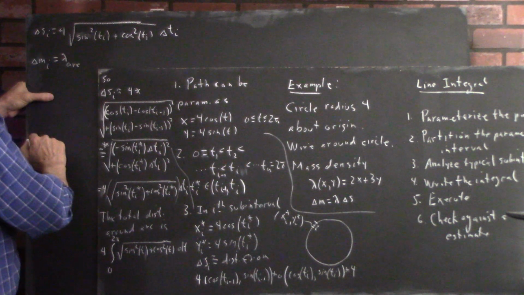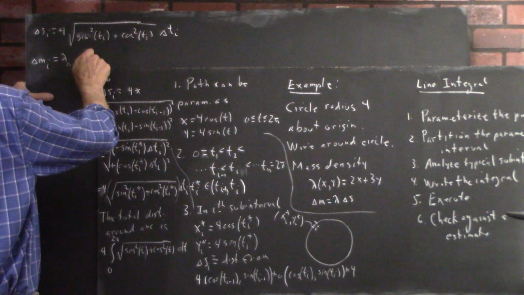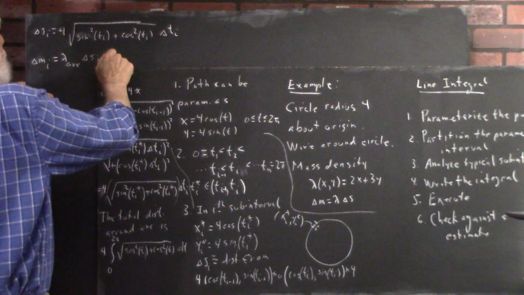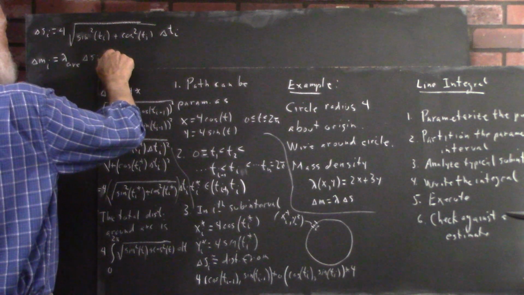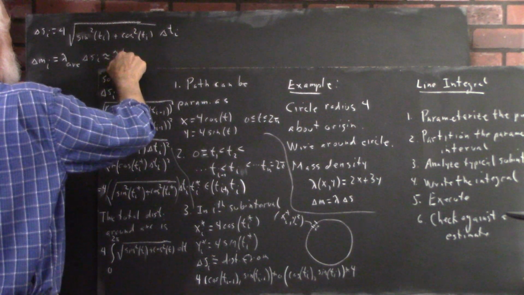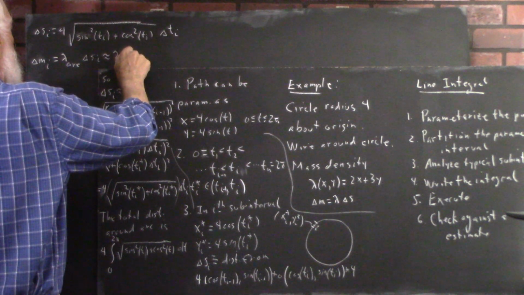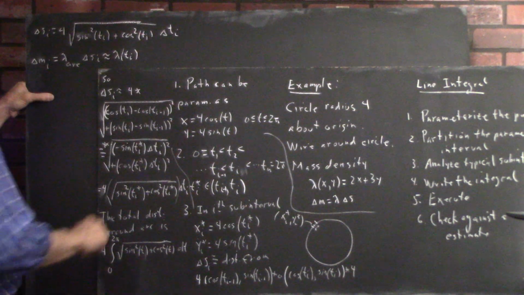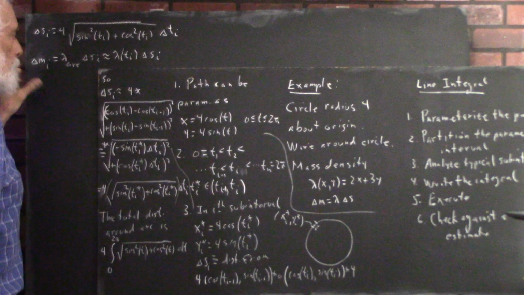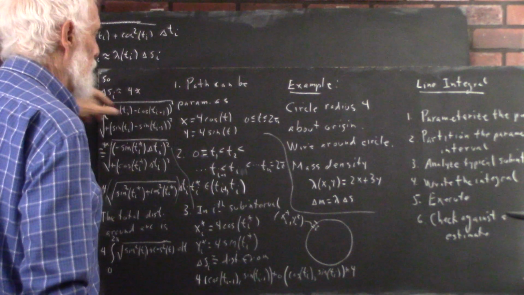So I'm going to say lambda average times delta s_i, but the average value of lambda is going to be approximately lambda at t_i multiplied then by delta s_i to give you your mass increment.